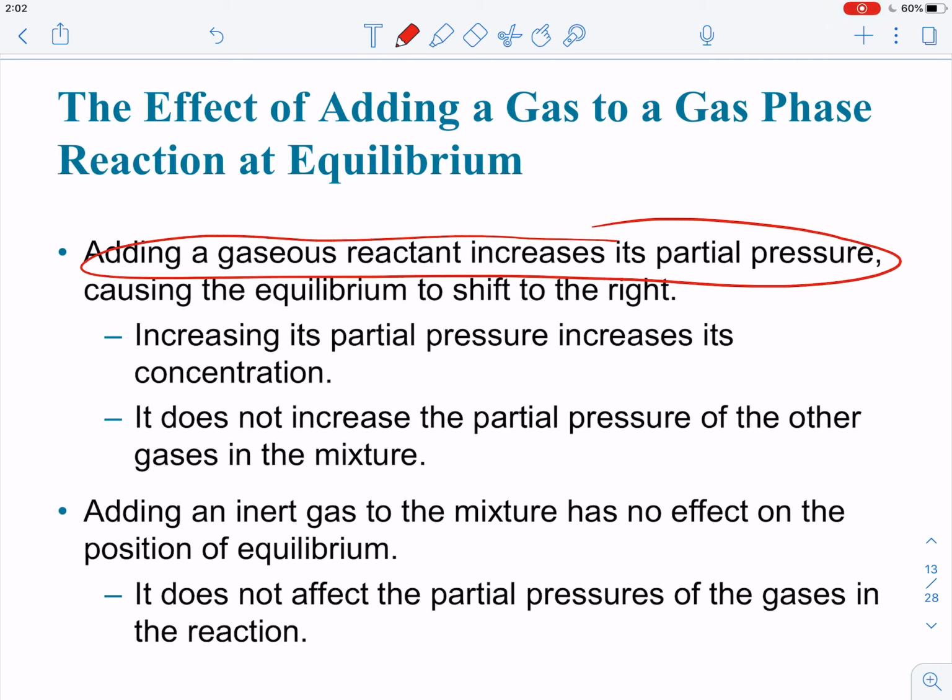If it's a reactant, then the equilibrium will shift towards the products, or in other words, towards the right. And that's because you're increasing the partial pressure. You increase the amount, you increase the partial pressure, you increase the concentration.